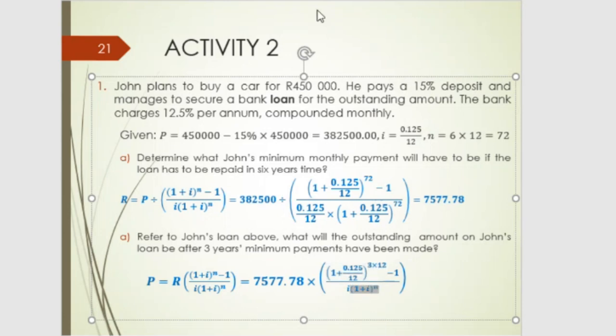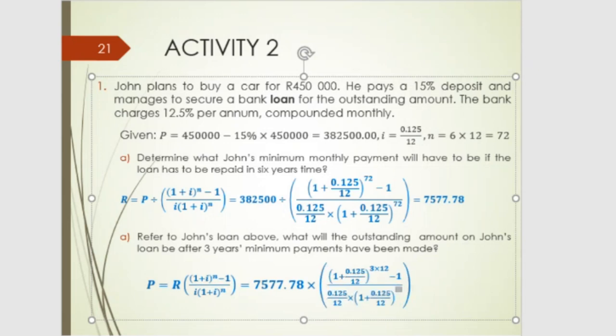Then below here we divide this by 12, 0.125, multiplied by 1 plus 0.125 divided by 12, to the power of 3 by 12.